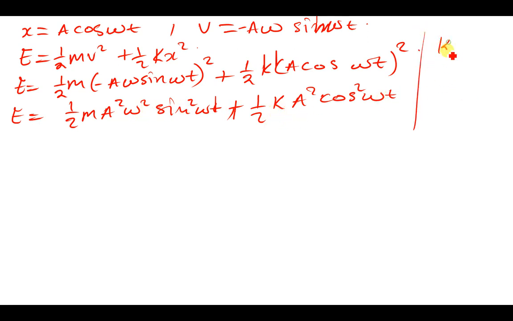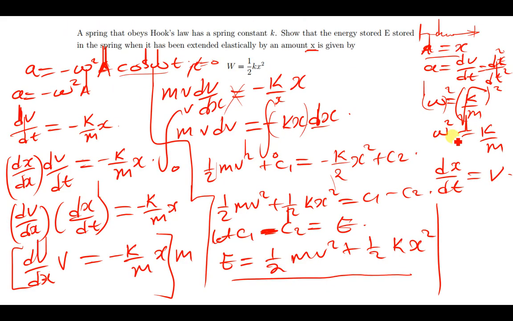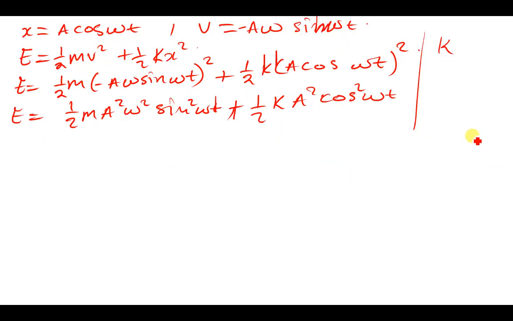Remember, we learned from this expression that omega squared is equal to k over m. So k over m is equal to omega squared, so the value of k becomes m omega squared. So what is k, we put m omega squared there.